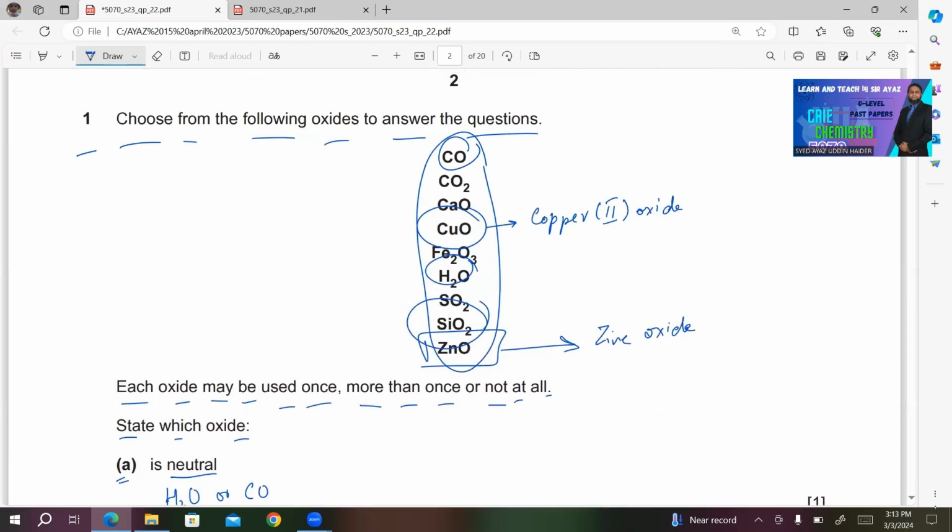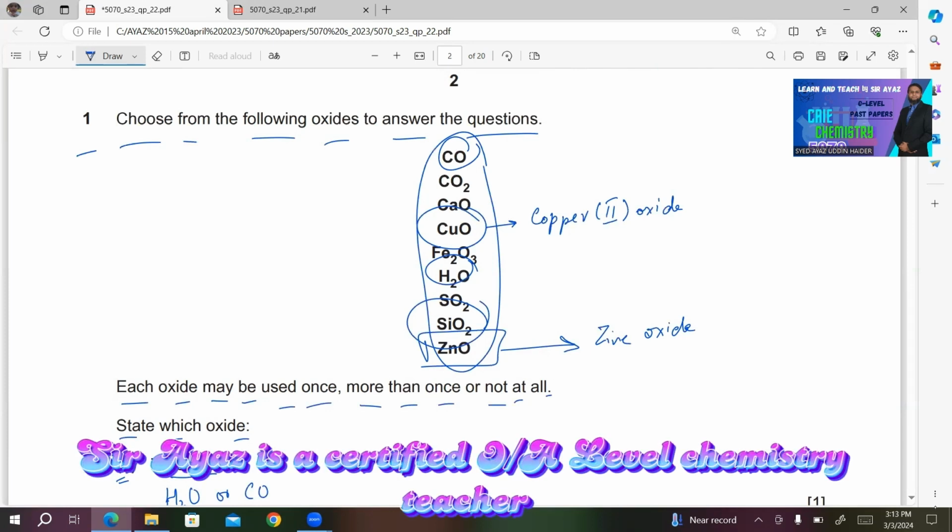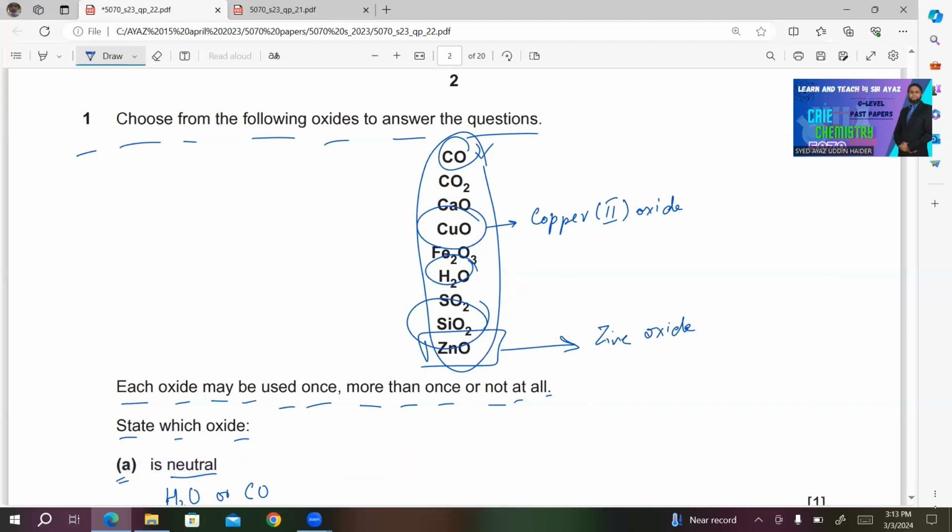So if you look at the oxides here we have carbon monoxide CO, carbon dioxide CO2, calcium oxide CaO, copper 2 oxide CuO, iron 3 oxide Fe2O3. Then we have water, sulfur dioxide SO2, silicon 4 oxide SiO2, zinc oxide ZnO.